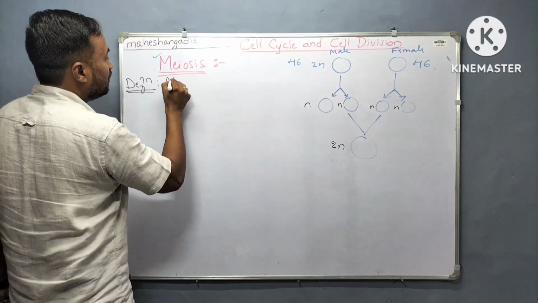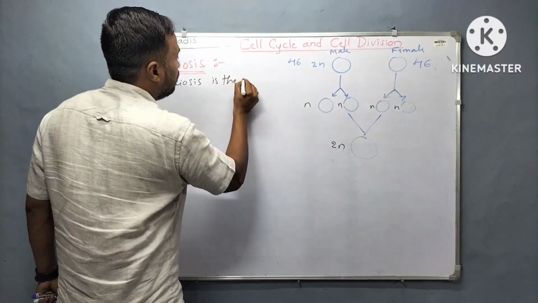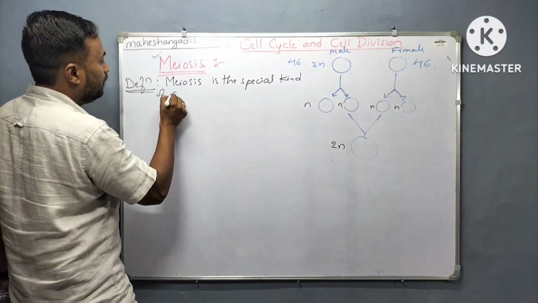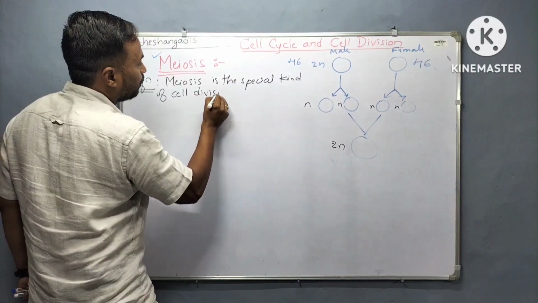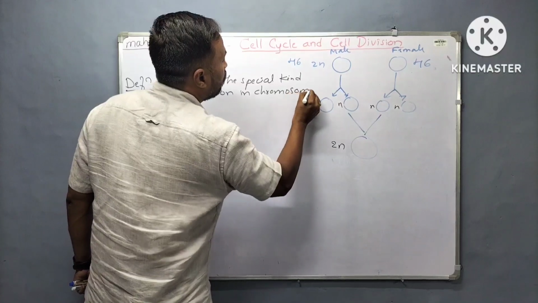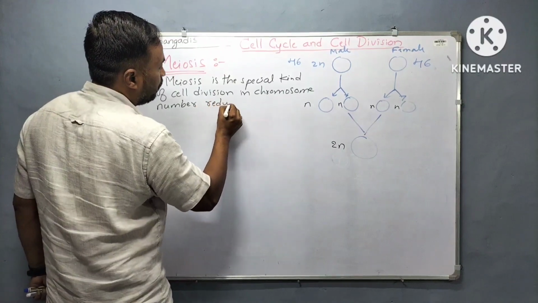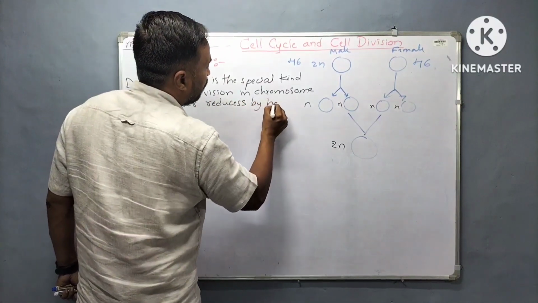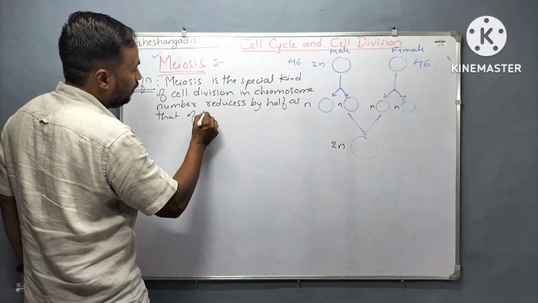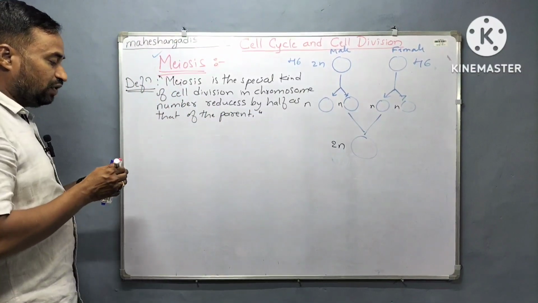See here, meiosis is the special kind of cell division in which chromosome number reduces by half as that of the parent. See, this is the definition for meiosis.